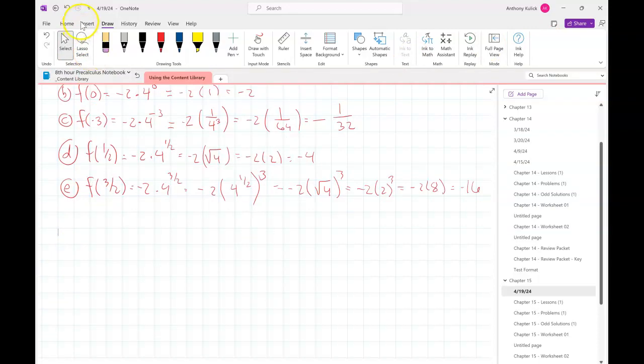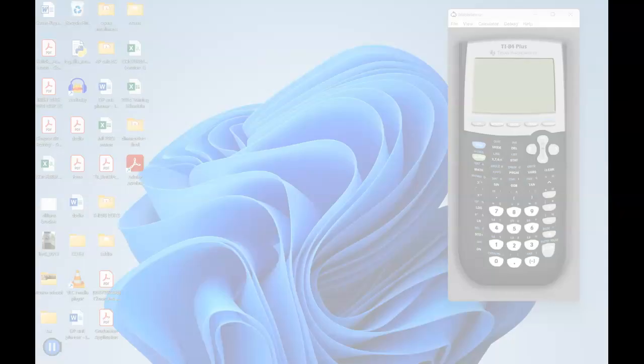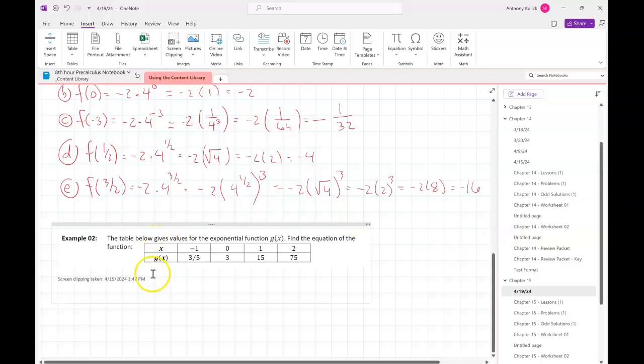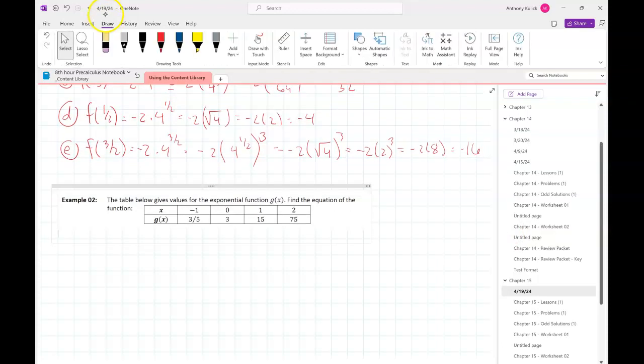So what if I wanted instead to take some x and y values and recover from it the exponential function? The table below gives values for an exponential function. Find the equation.